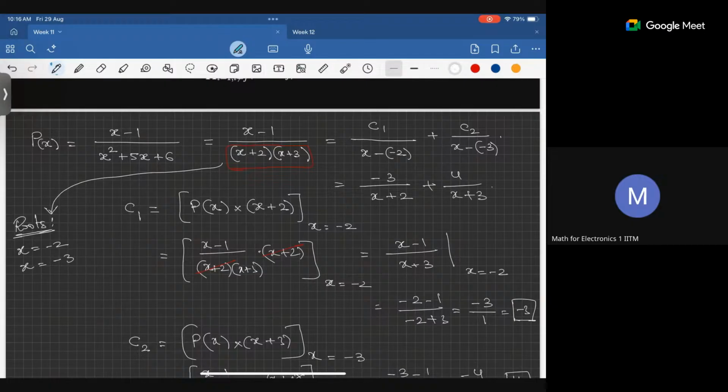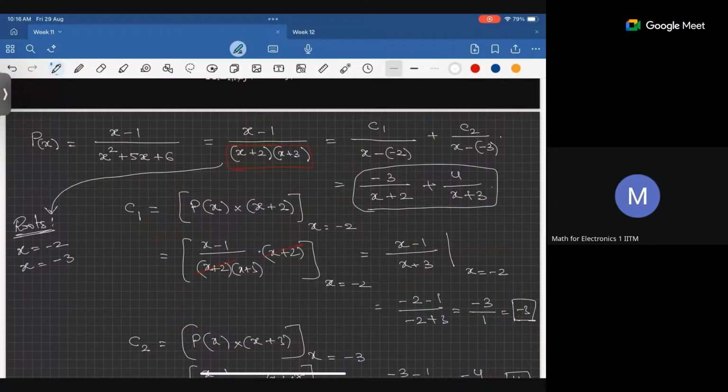And one good thing you can do, even though you get the C1, C2, is the best practice actually: you can cross verify this by cross multiplying again and see whether you are getting back p of x or not.